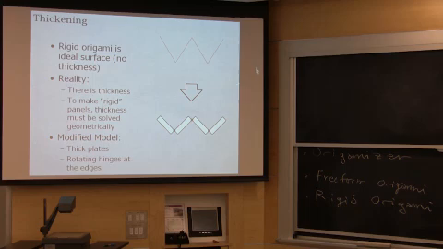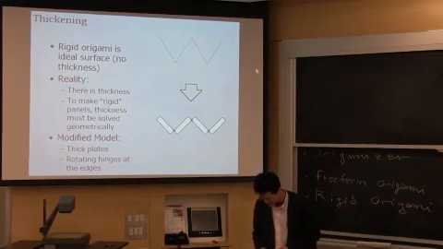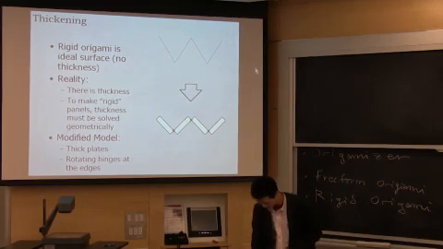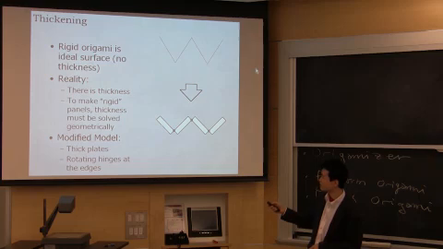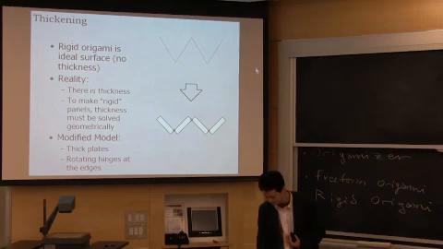There is no ideal origami. Well, probably origami can produce it, but anyway. So we want some thickness, thick panels and rotating hinges to produce rigid origami.